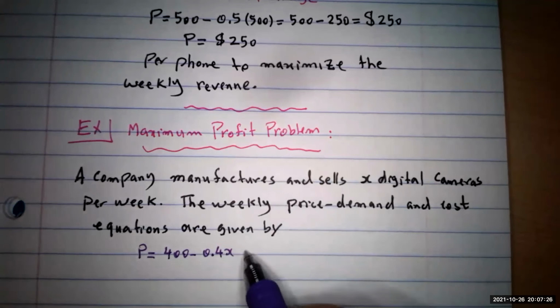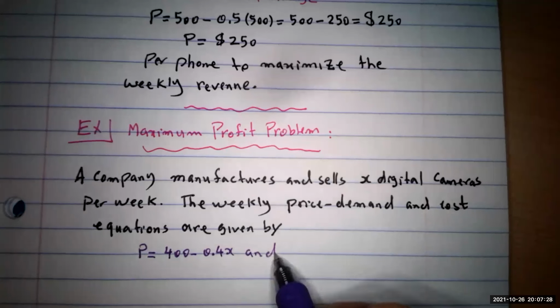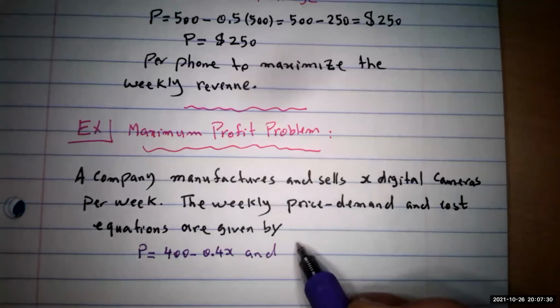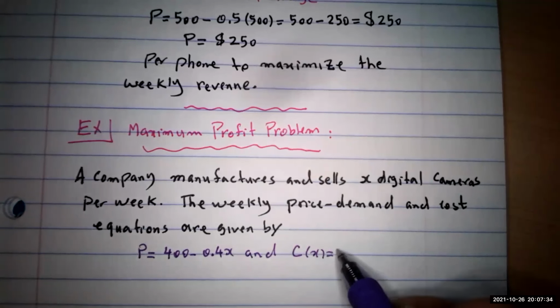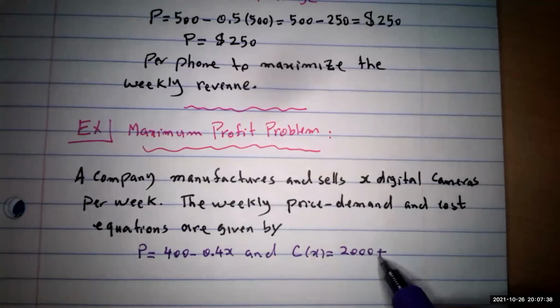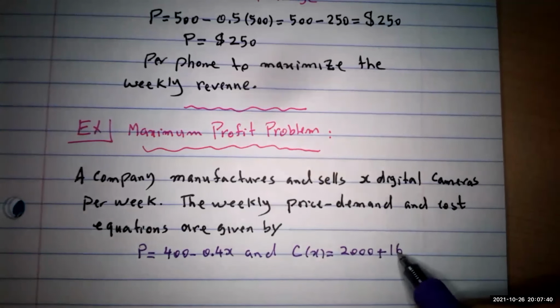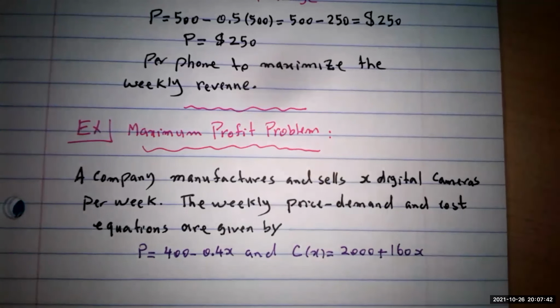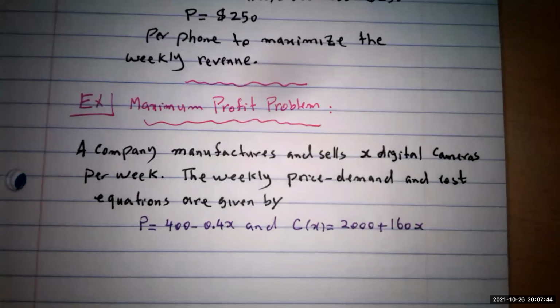For the cost function, we have $2,000 plus 160x. So we have the price demand and we have the cost function.